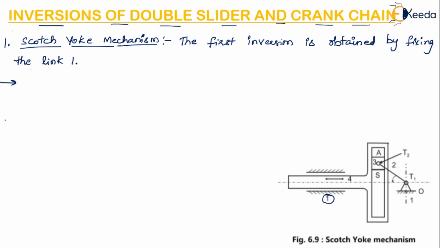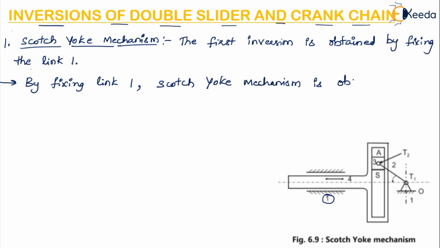By doing so, a mechanism called Scotch yoke mechanism is obtained by fixing link 1.